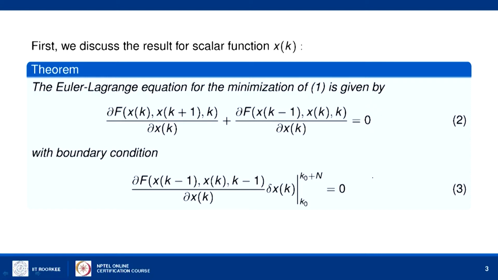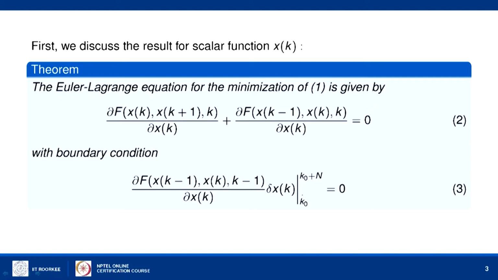Now, we can observe the boundary condition. For example, if the initial and final conditions are fixed, the initial instant is k0 and the final instant is k0 plus n. If these two conditions are already given in the problem, then the variation will be 0 at these two points, so this condition is not required.